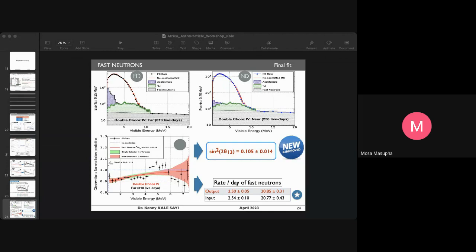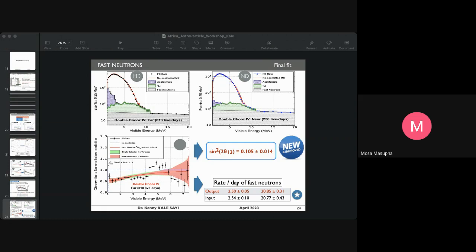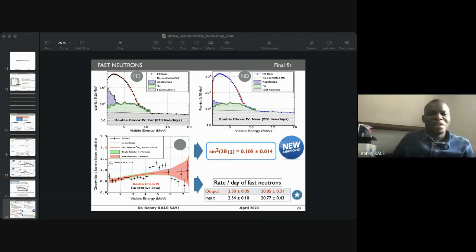Are there any neutrino applications except for the production of electricity? Yes, good question. Do you have more than one question? Not yet. Thank you, Musa.